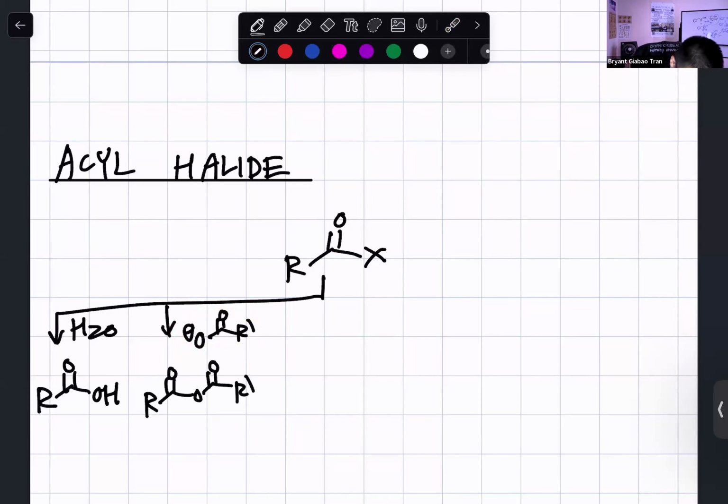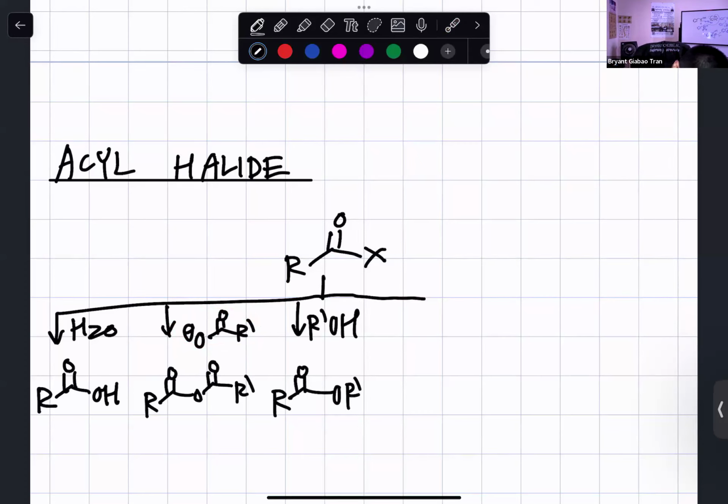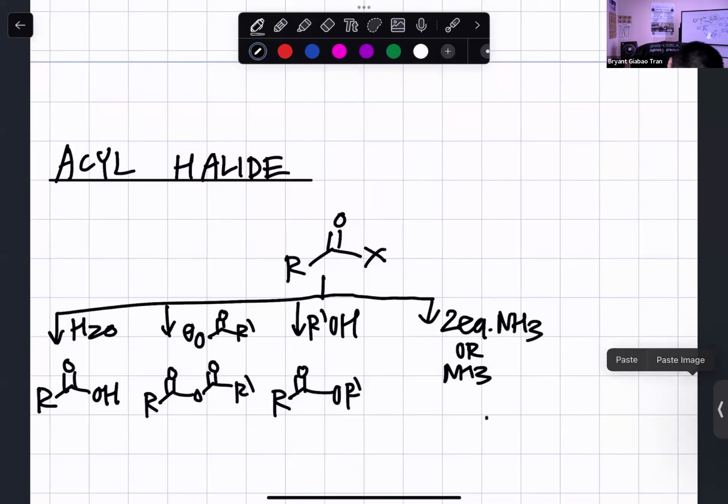We can convert this acyl halide into an ester by adding neutral alcohol. We can convert this acyl halide into an amide by using at least 2 equivalents of amine. Or you could use 1 equivalent of amine with some kind of base like pyridine. Let me just say pyridine, Py. And that will convert it into an amide.